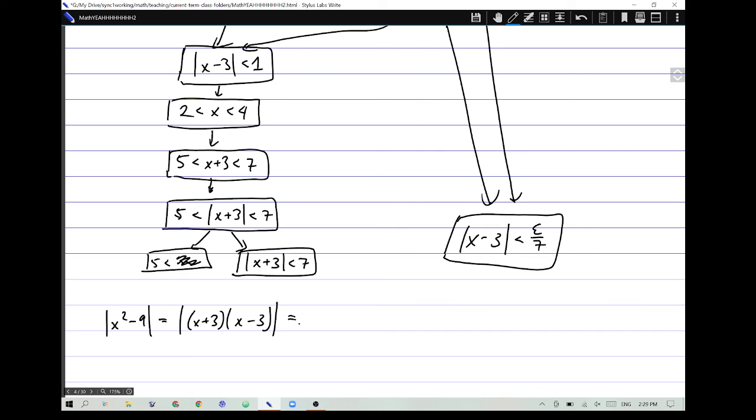The absolute value of a product is equal to the product of absolute values. Like that. And then this first factor, as we have from this box right there, is less than 7. The second factor right here is less than epsilon over 7. So the result, this 7 cancels. So we have exactly what we needed. This is less than.